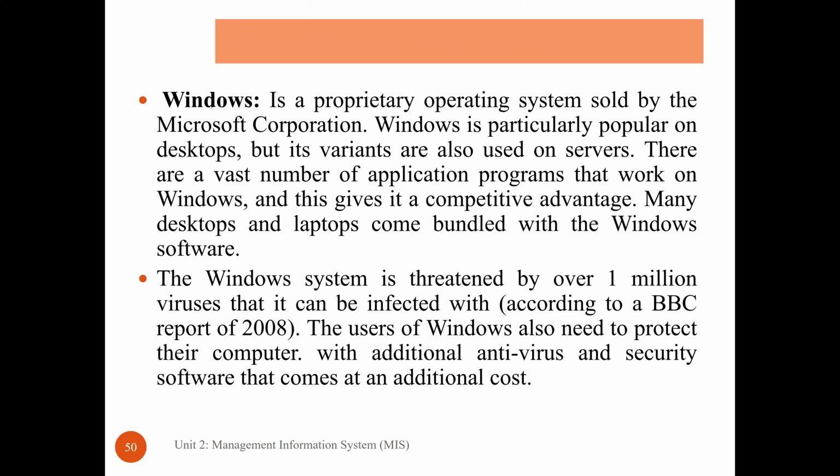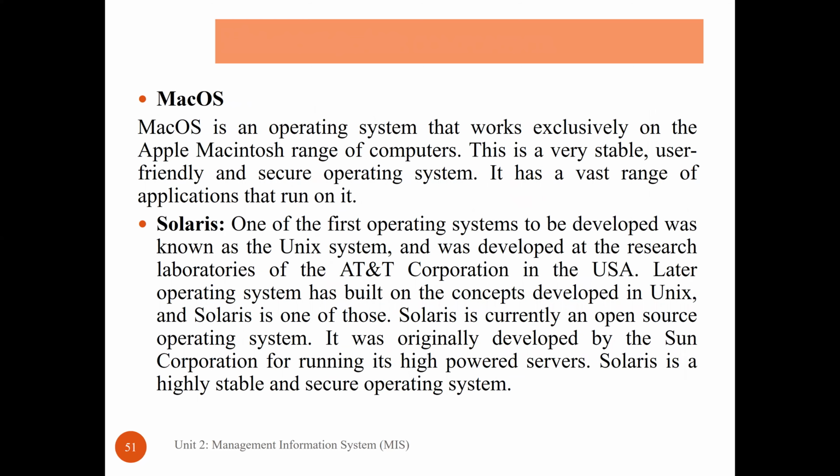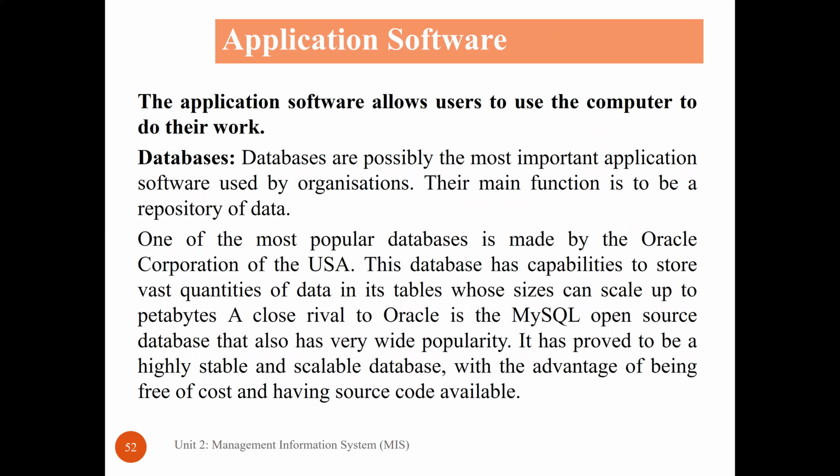There is a need to protect Windows, and there you need to install antivirus, the security software that comes at an additional cost in the case of Windows. Same like that, Mac OS, Solaris: this software is provided in the organization.